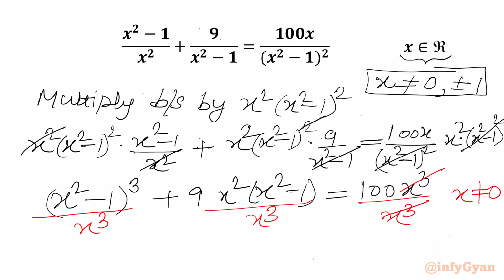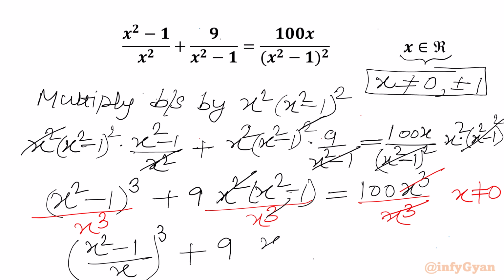Now the first term I can write as ((x² − 1)/x)³. Here we will cancel x² with this power. So it will be left with 9 times (x² − 1)/x, and right hand side is 100 only.